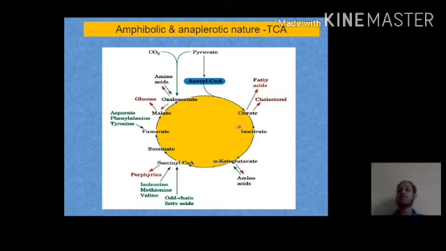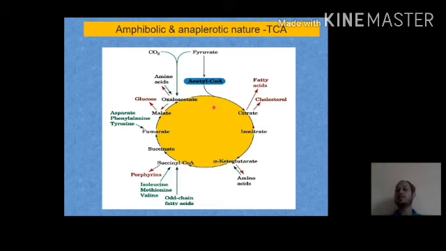Anaplerosis means to fill up, and the TCA cycle fills up its lost intermediates. If there is a decrease in the concentration of alpha ketoglutarate, it is filled up by the conversion of glutamate to alpha ketoglutarate. This is true for other intermediates also, such as aspartate, phenylalanine and tyrosine, which can convert to a molecule of fumarate.